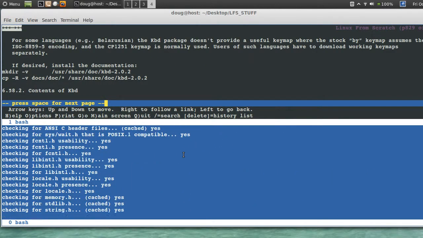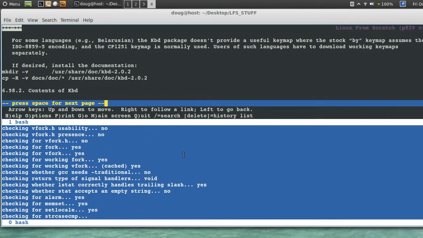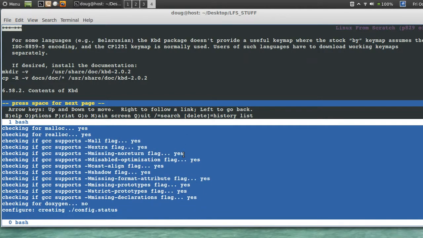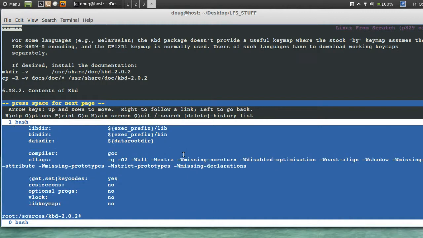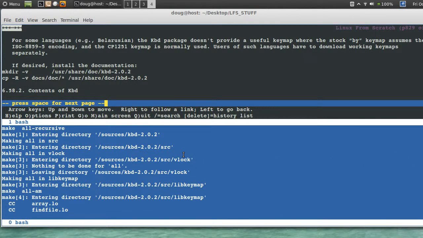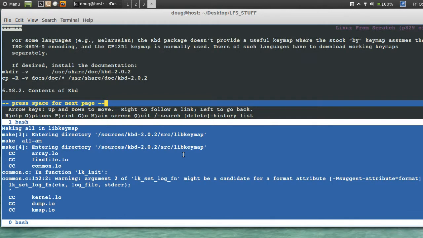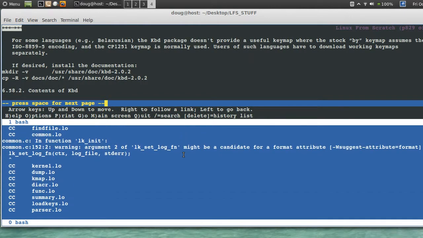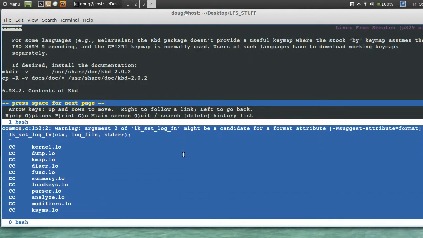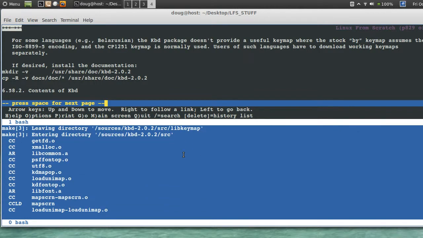There's some documentation to install too. It just gives you the option to bail out on the documentation, but I say do it. Make install. LFS is the basics of Linux, yes, but it's kind of like in its own world.